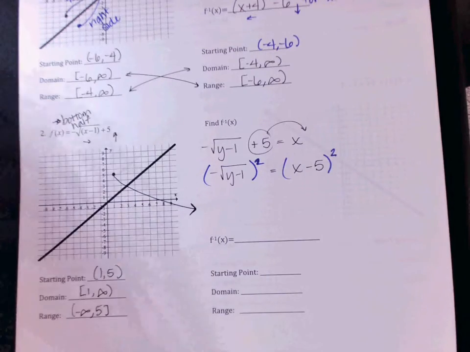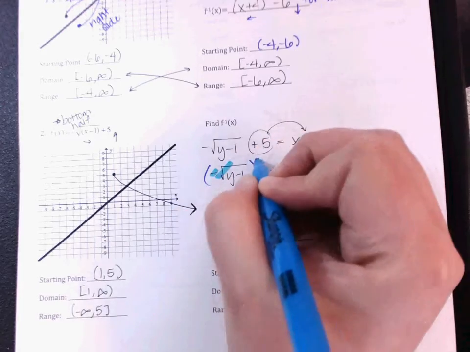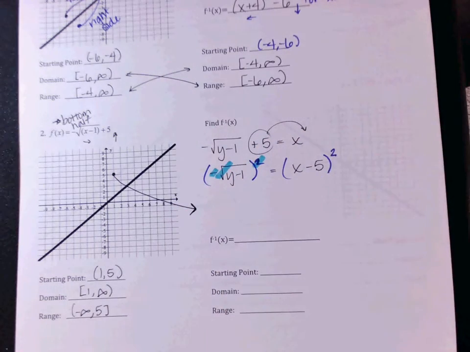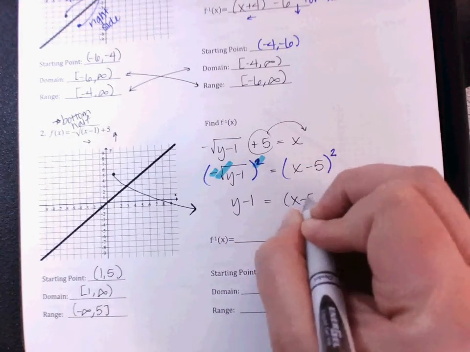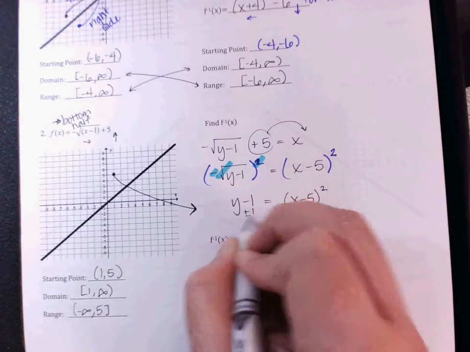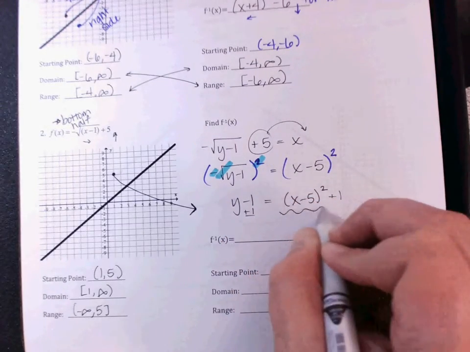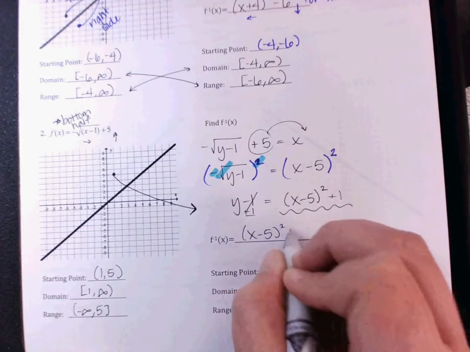So this guy and this guy are gone. The negative is gone, and the square root is gone because of the squared. So all that I have left is y minus 1 equals x minus 5 squared. Last step, what do I do? Plus 1 plus 1. So it's x minus 5 squared plus 1.